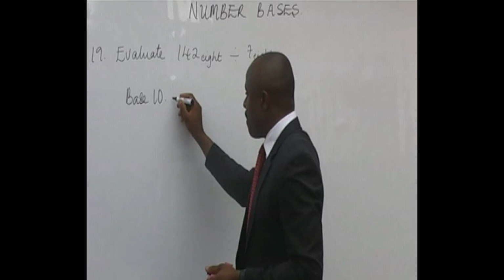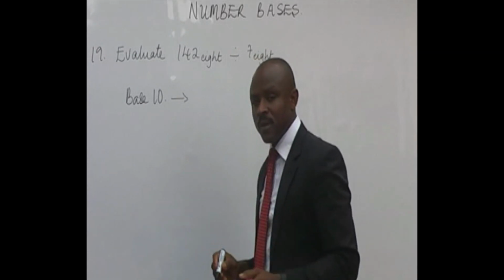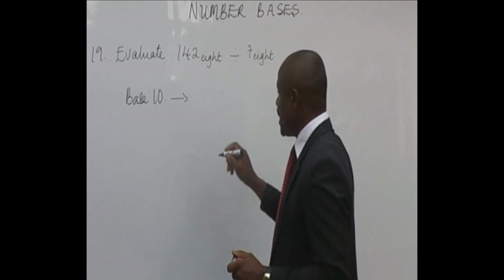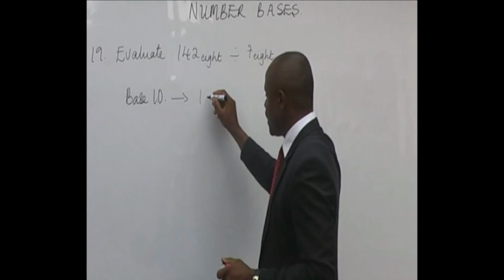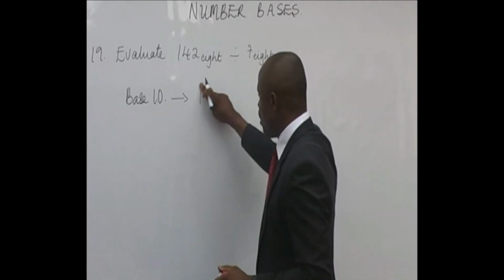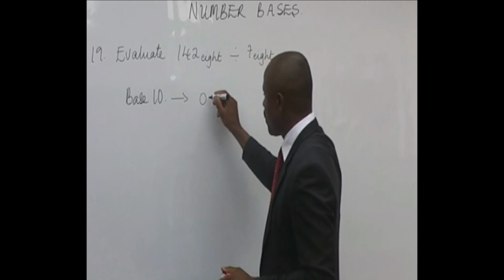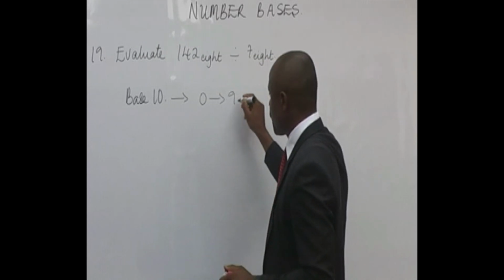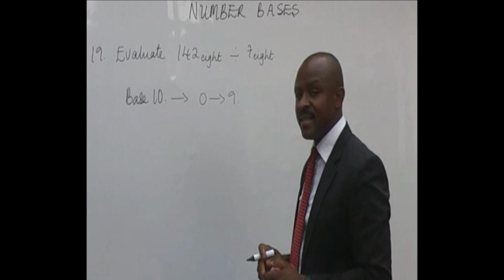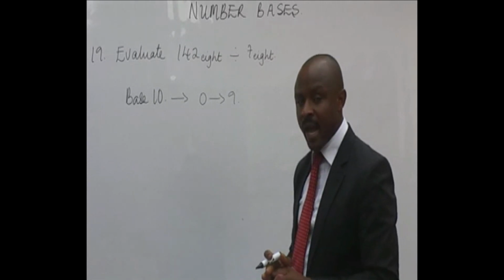There will be no number that is a member of a base 10 number that will exceed 9. It will be values between 0 and 9. You cannot get a number that is beyond 9.